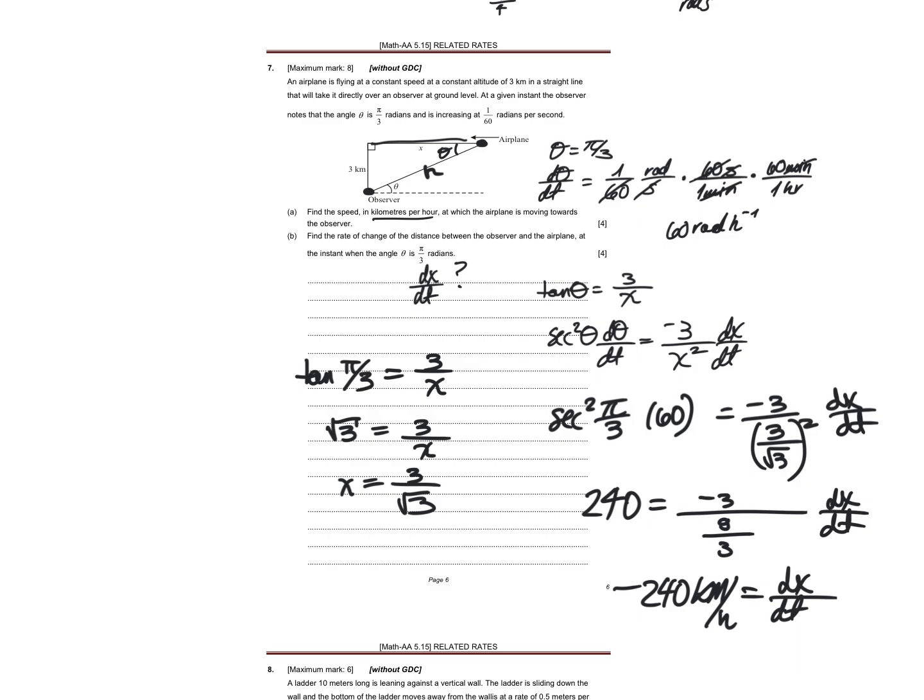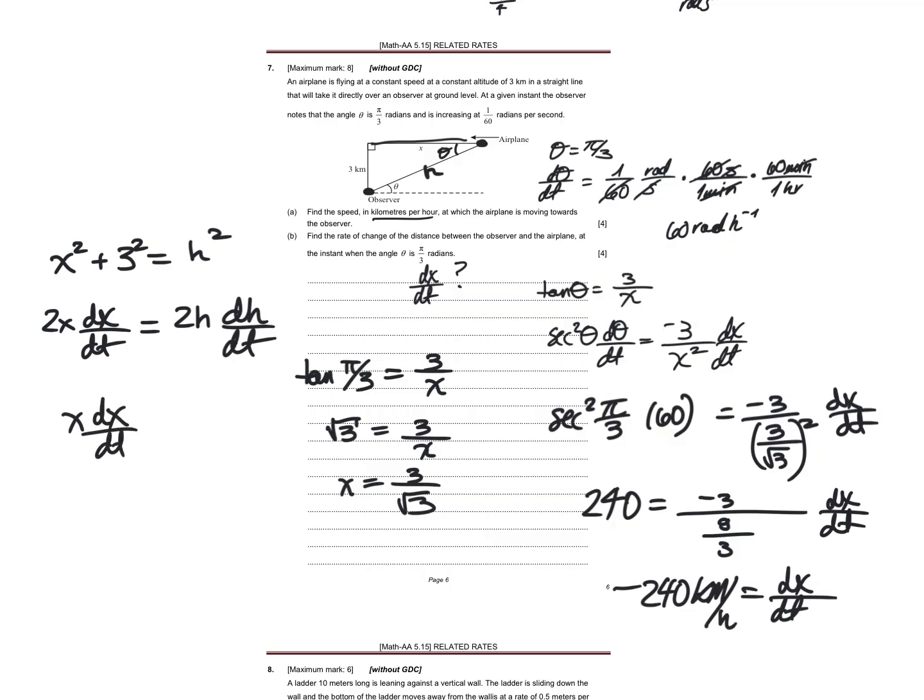So if you have x squared plus 3 squared equals h squared, we're going to have 2x dx dt plus 9, which goes away actually, and 2h dh dt. Okay, so the 2's can go away.